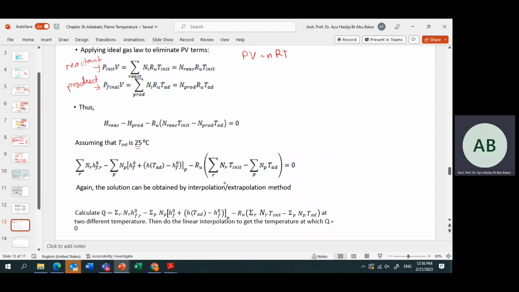Okay, for constant volume, it will involve a lot more calculation. So for the T adiabatic, again, you will need to assume two temperatures. By assuming two temperatures, after that, you will do the interpolation and extrapolation.